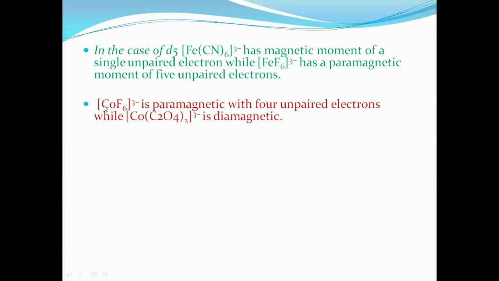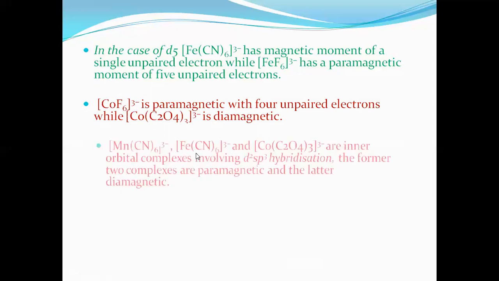Similarly, cobalt in hexafluoridocobaltate is paramagnetic with respect to four, and trioxalatocobaltate(III) is diamagnetic because it has the capacity to pair up all the unpaired electrons. It takes d6, out of which one pair is already paired and there are four unpaired; the last two unpaired get paired here, hence it is diamagnetic.